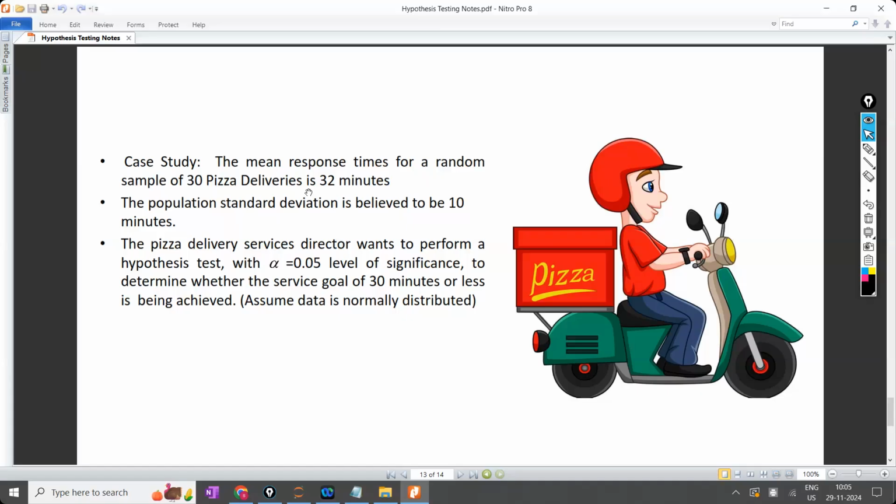Completed? Everyone? Formulation of null and alternate hypothesis. Only that, nothing else.